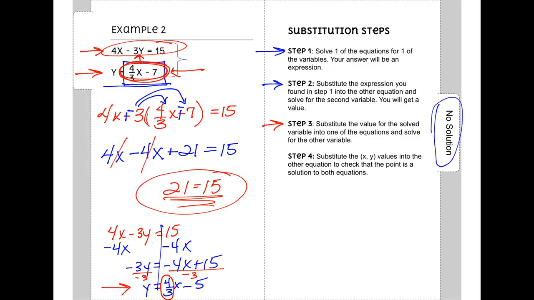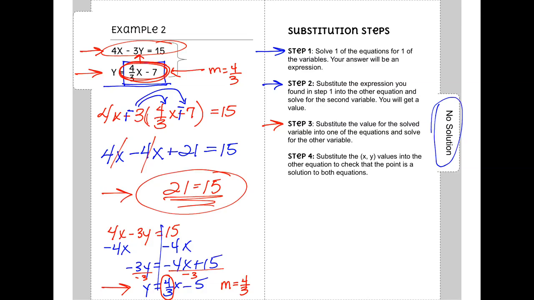I have a slope of 4/3. Slope is equal to 4/3. And in my second equation, slope is also equal to 4/3. So these are parallel lines, which means they will never meet and they will never share a point. So when we came up with this untrue statement and determined that we have no solution, we were absolutely correct.